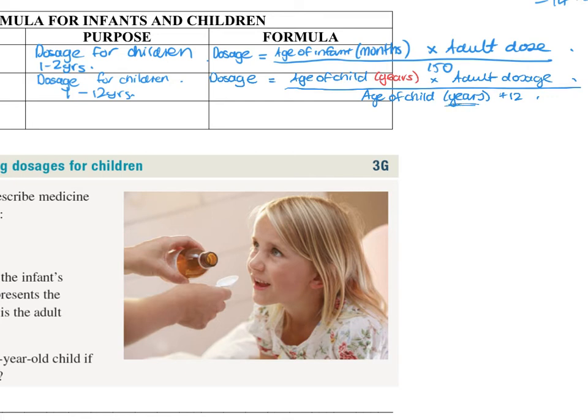Age of child in years. If the child was 2 years of age, I'd be dividing by 14 because 2 plus 12 is 14. If the child was 5 years of age, what would I be dividing by? I'd be dividing by 17. Okay, so that's the application that's a little bit different.